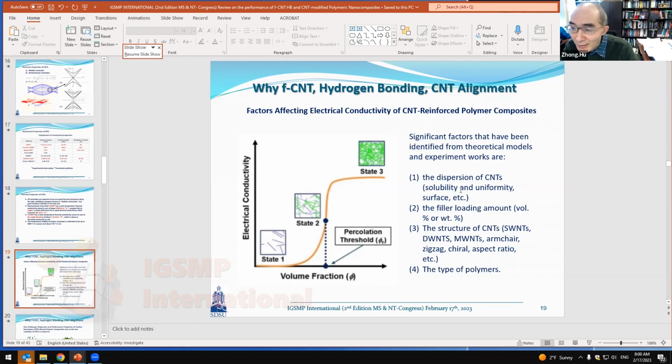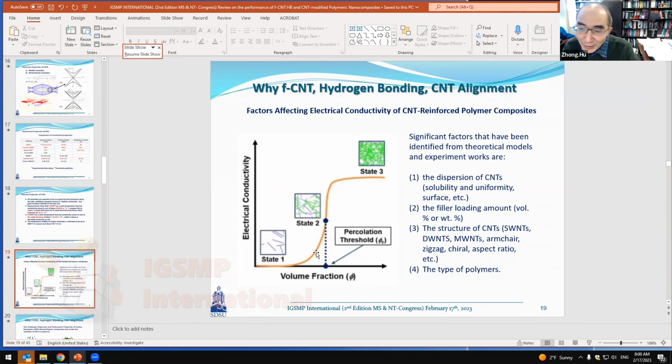The second one is, if you load a different amount of carbon nanotube, it will influence properties differently. For example, in this case, electrical conductivity. You see this, we call the threshold value. That's like a turning point from the lower electric conductivity to the high electric conductivity. It's similar to, if you remember, the glass transition temperature.